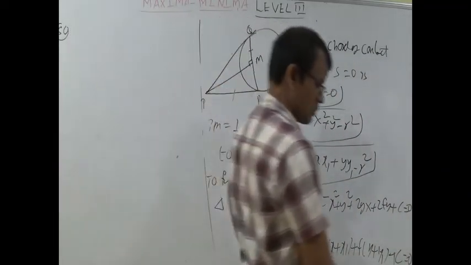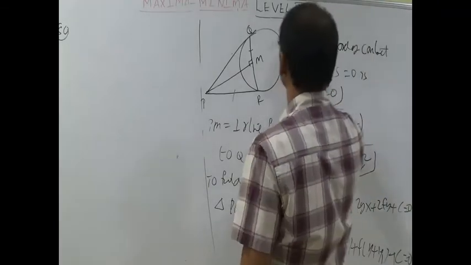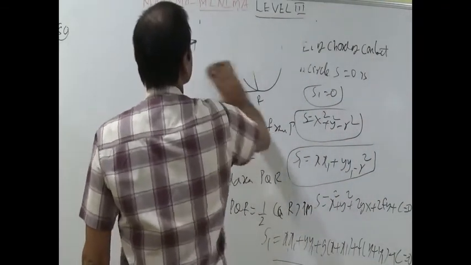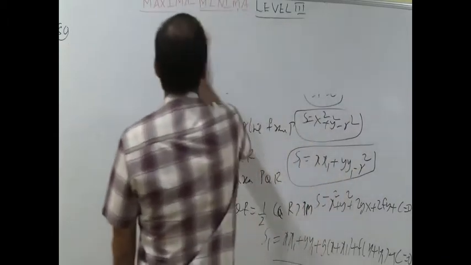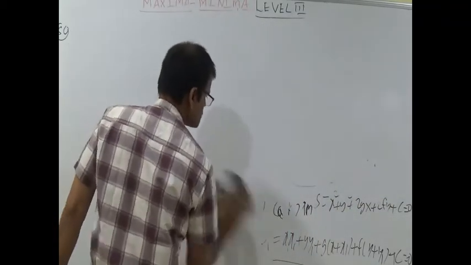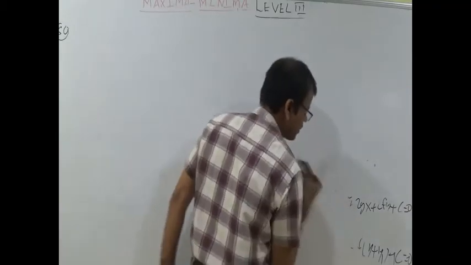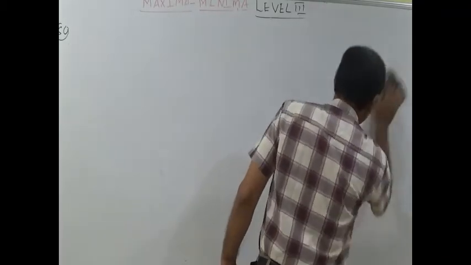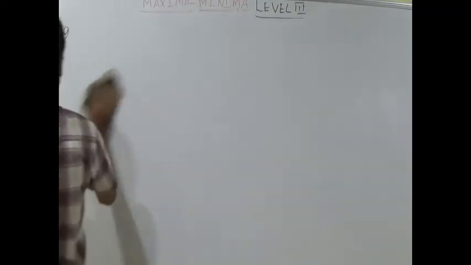Now we should discuss the question number 50. Whatever values are given for the external point, we should consider as x1, y1.